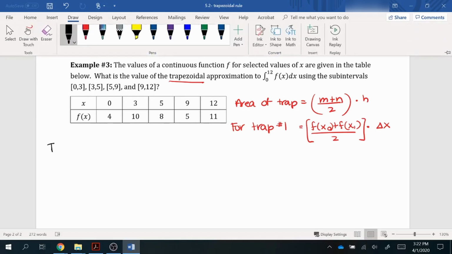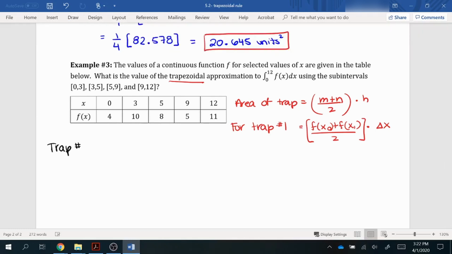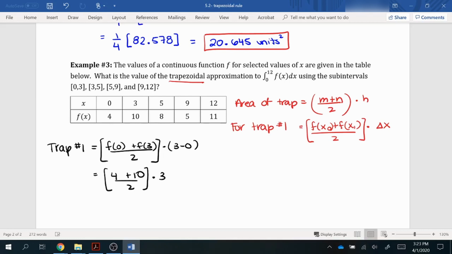So trapezoid number 1, f of x0 is f of 0 plus f of 3 over 2. And your delta x is 3 minus 0. So this is going to give us 4 plus 10 over 2 times 3. That gives us 21.